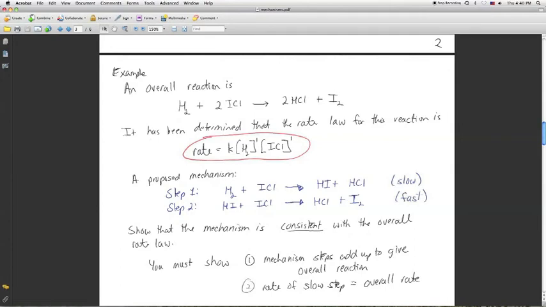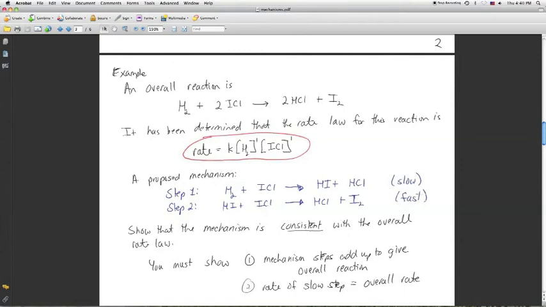Anyway, we've got an overall reaction here. Someone has worked out for us that the overall rate law for this reaction is k[H2]^1[ICl]^1. In other words, they figured out by calculation and experiment that this reaction is first order in hydrogen, first order in iodine chloride. So this is our rate law.